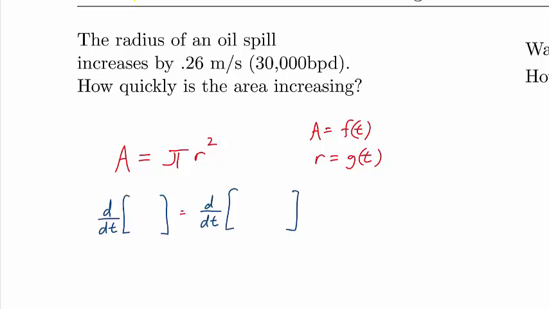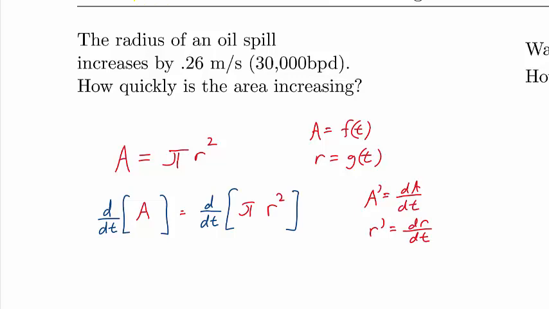So we have our derivatives with respect to time, and then we just stick everything in, our area and pi r squared. Now, when I write a prime in a second, I want it to be very clear that when I say A prime, I mean the derivative of the area with respect to time, and when I say r prime, I mean the derivative of the radius with respect to time.